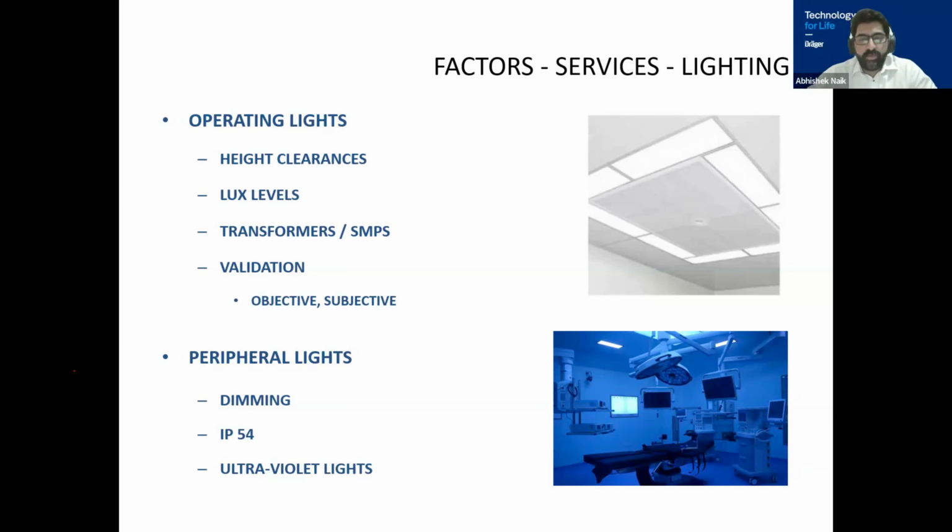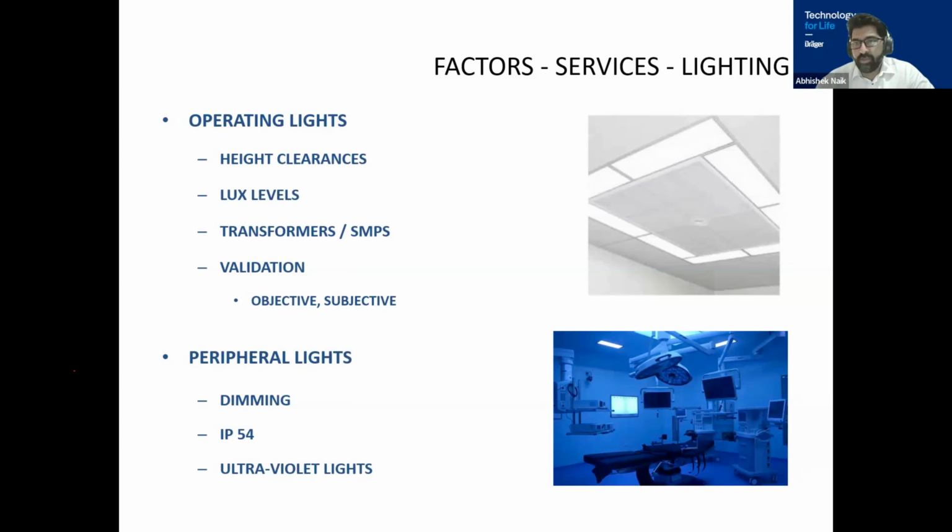Generally, mostly the peripheral lights, I think you already clarified a few slides back. The lux intensity should be between 500 to 1000 lux. It should be a non-reflective, flicker-free light, so that it should not interfere with any video cameras or anything which we are using in the operation theater.